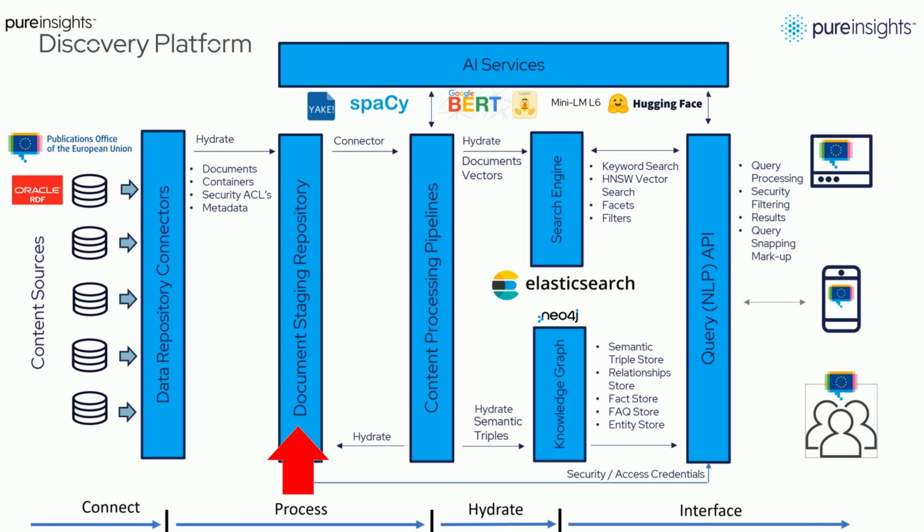And then we have these content processing pipelines. And if you remember, this is where we chunk text and do all sorts of interesting analysis on the text itself. We push that data out as part of the content processing pipelines into several AI services. That includes this open source spaCy NLP capability. We also use YAKE, which is another open source keyword extraction capability.